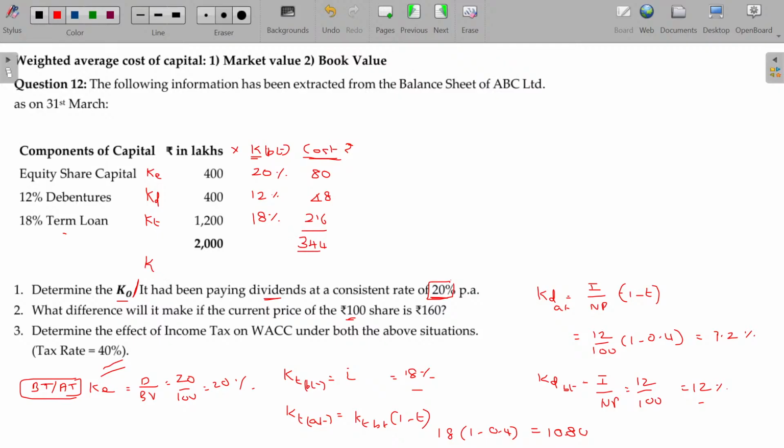What about the KO under this? Cost divided by capital employed. Capital employed as per the book value approach being 2000. 344 divided by 2000 in terms of percentage is 17.2%.